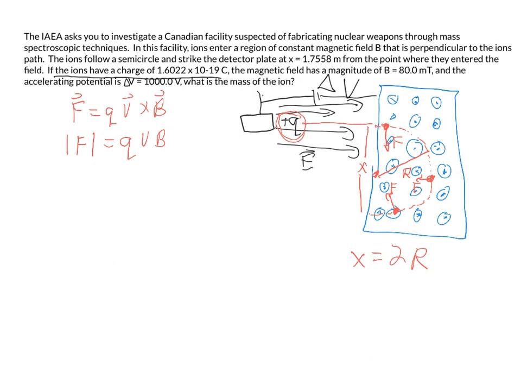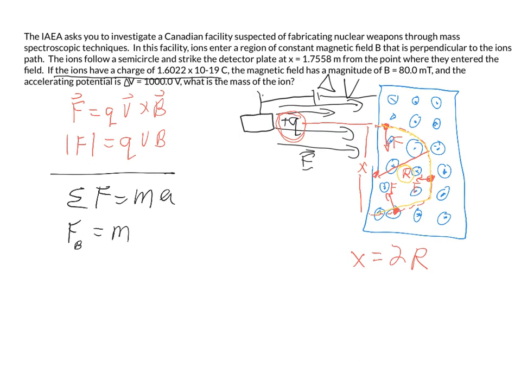We're first asked to determine the radius of its path, R, of the curved path that it goes through, in terms of the B field, the charge, and some other things. While it's going through that curved path, the sum of the forces equals M A. The only force is the force due to the B field, and that's equal to M times the acceleration.